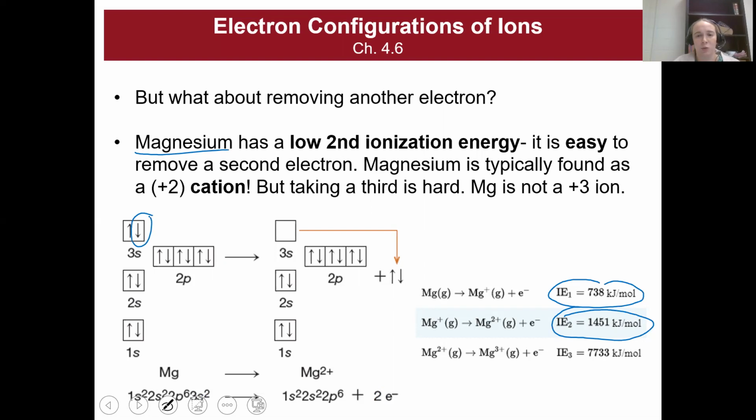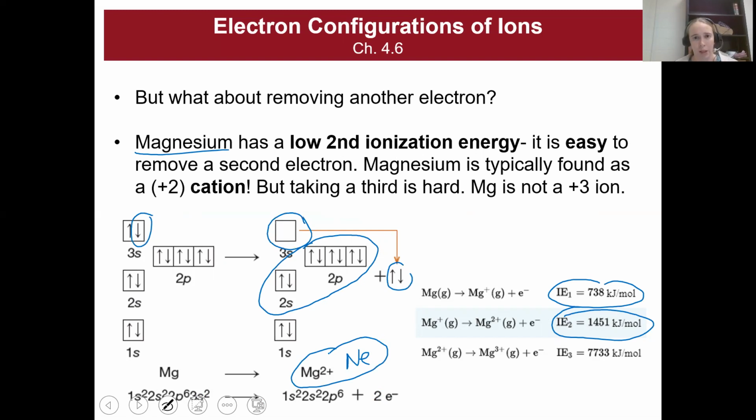It doesn't get us to a noble gas configuration, but it's not terribly hard. But what is really nice is taking away both of those electrons so that we once again get down to our noble gas configuration. So the magnesium 2+ ion is once again isoelectronic with neon, just like our sodium 1+ ion.